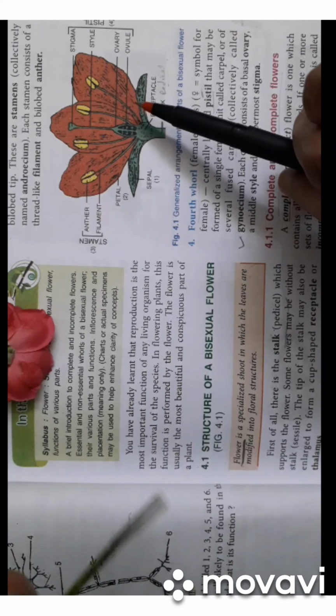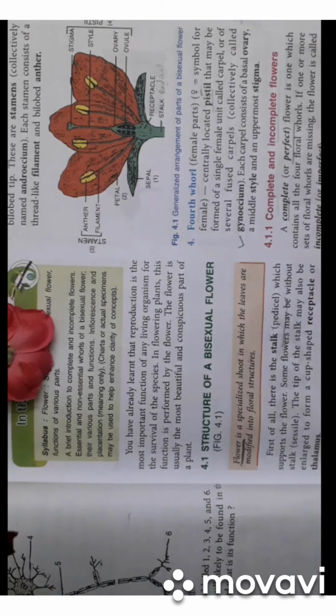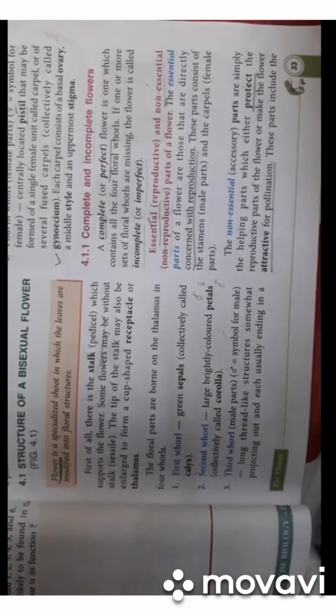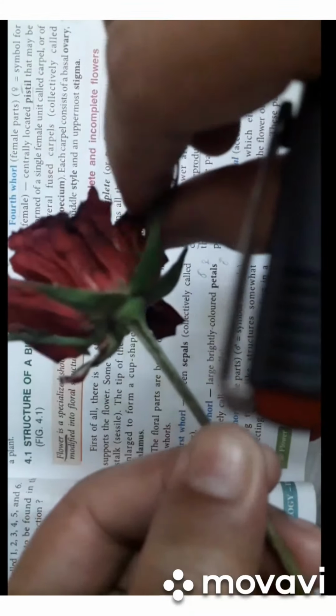Now let us study and revise the four parts of the flower or the floral parts. The outermost whorl or the first whorl is the green sepals. We call it calyx. Sepals or calyx. For example, these are the sepals. We will call them calyx.